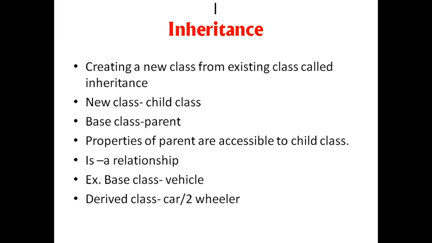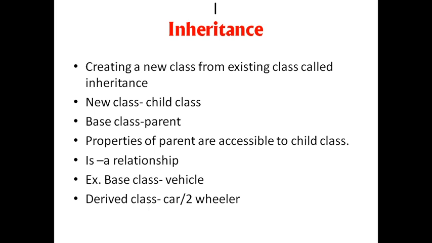Is-a relationship. Example, suppose parent class is vehicle, then child class or derived class will be car or two-wheeler. Car and two-wheeler can access the properties of the parent, that is vehicle. For example, it can have gear, it can have wheel, it can have some properties of vehicles.